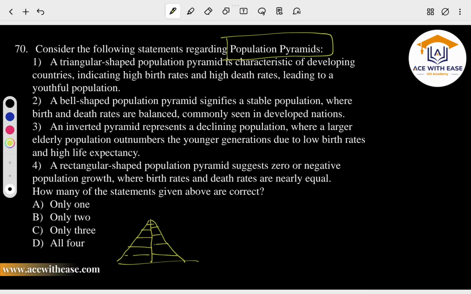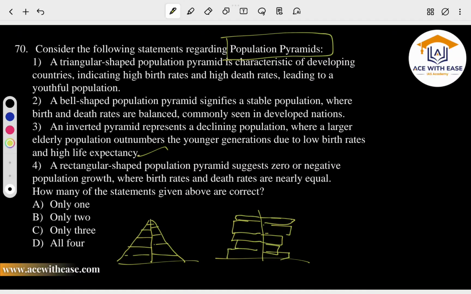An inverted pyramid represents a declining population where a larger elderly population outnumbers the younger generations due to low birth rates and high life expectancy. Yes, that's a correct statement. The rectangular population pyramid looks like this, more or less rectangular in shape.